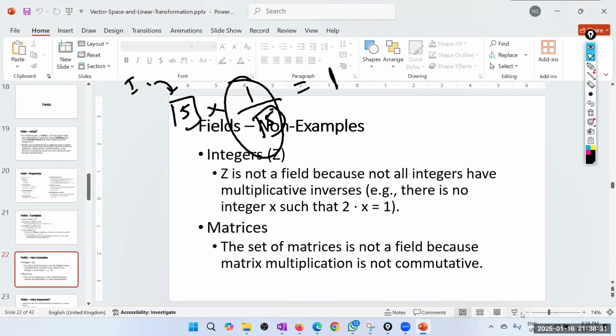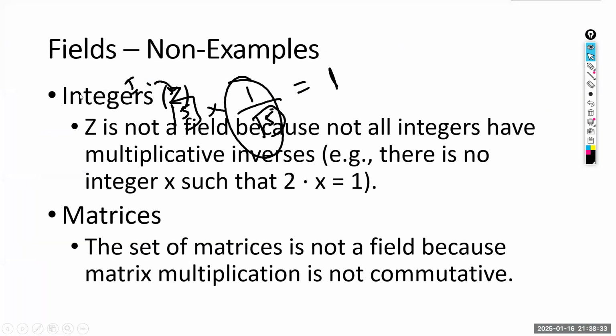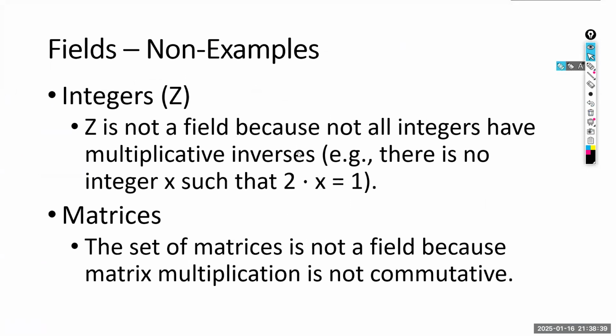So these are popular non-fields, integers, matrices. So the main reason why matrix is not field is when you add two matrices, it's a matrix. That is fine. මතක නේද? Field එකට field එක එකතු කරාම field එකක් එනවා. When you multiply two matrices, it's a matrix. That is also fine. But matrix multiplication is not commutative. Right?